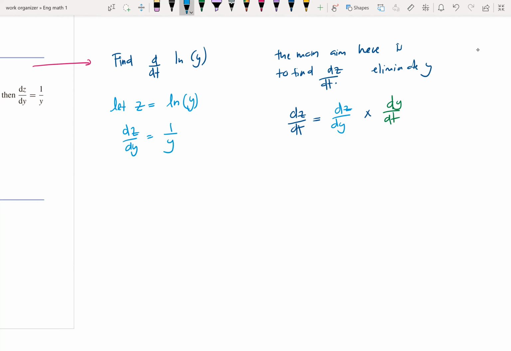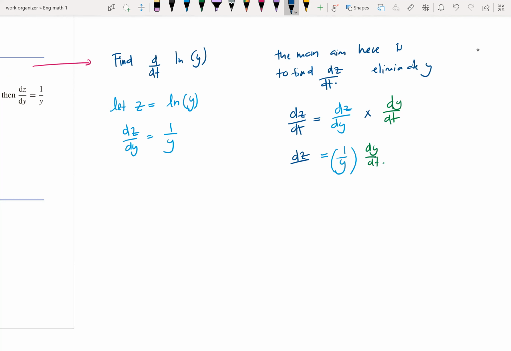So we just write down this one. We have 1 over y, then in brackets dy over dt.